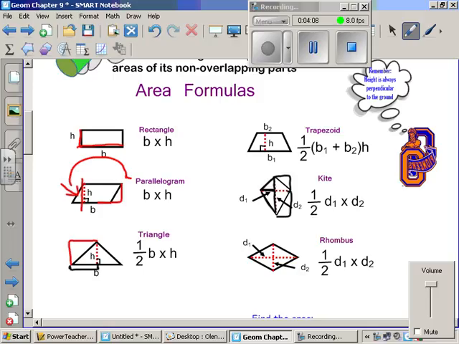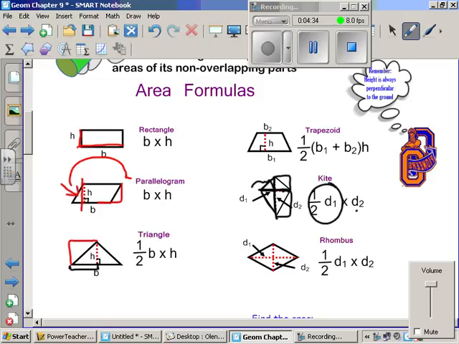And the rectangle is base times height, but you've just shrunk one side of it in half. Okay, this went the whole length of the shape, but now when we folded it over, we took away half the distance here. So it's 1/2 of D1 times D2, base times height.